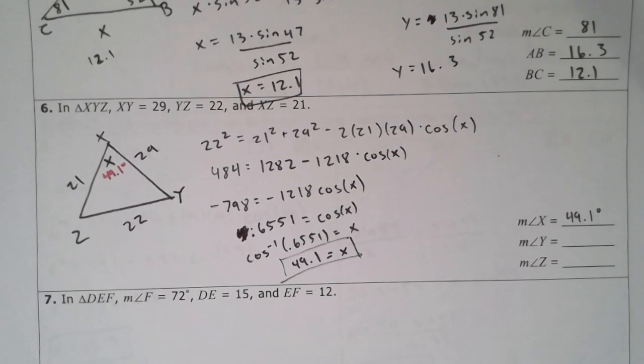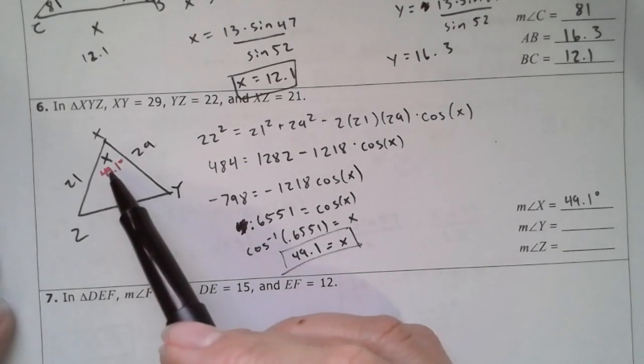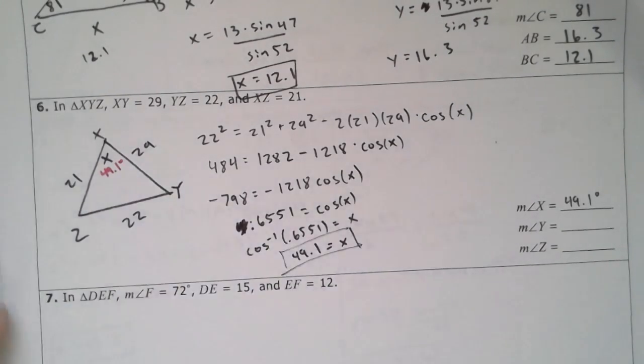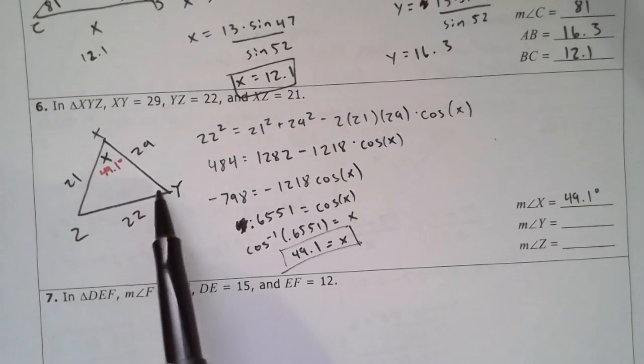Okay, so now that we have one angle, we could keep using the law of cosines, but personally I prefer to use the law of sines, especially now that we can use it, seeing as how we found one angle. So I could do sine of 49.1 over 22 is equal to little z over sine of 29, and then again for these two.